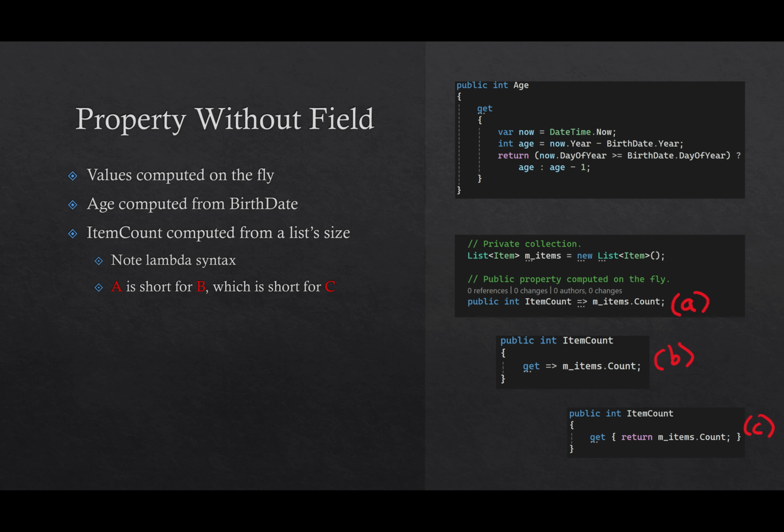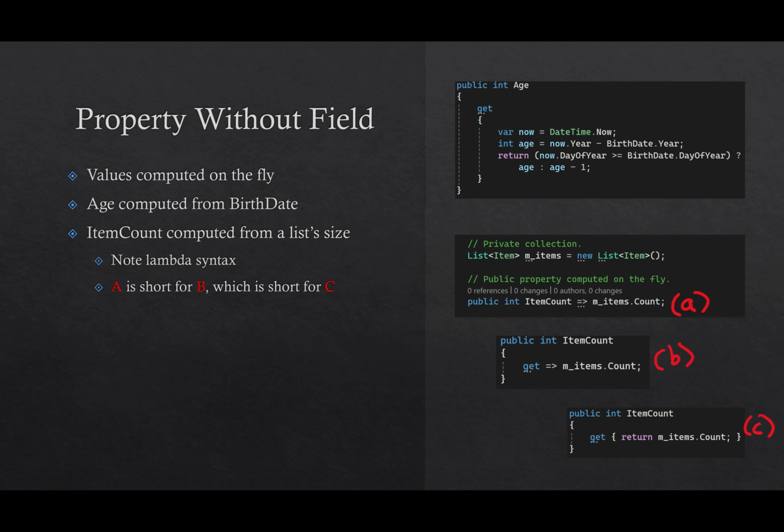First of all, let's say we have an age property. Maybe we have a class that contains information about a person, like an employee or a student. It probably wouldn't make sense to have a field that represents the age, because the age changes over time. You wouldn't want to have to keep updating that field as the person ages. Instead, it makes more sense to store the birth date.